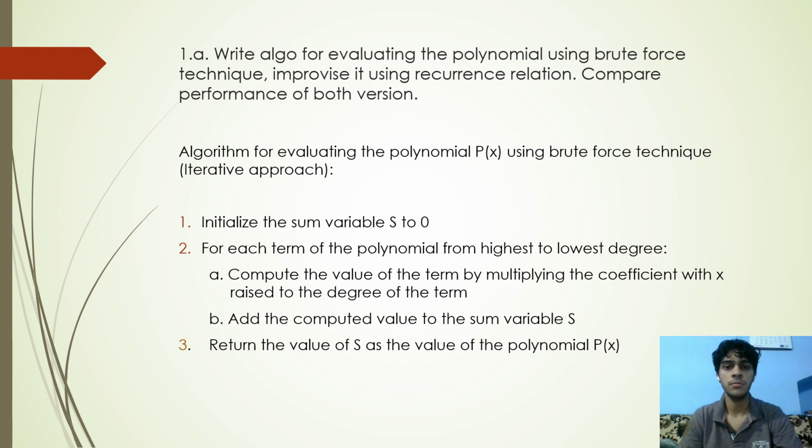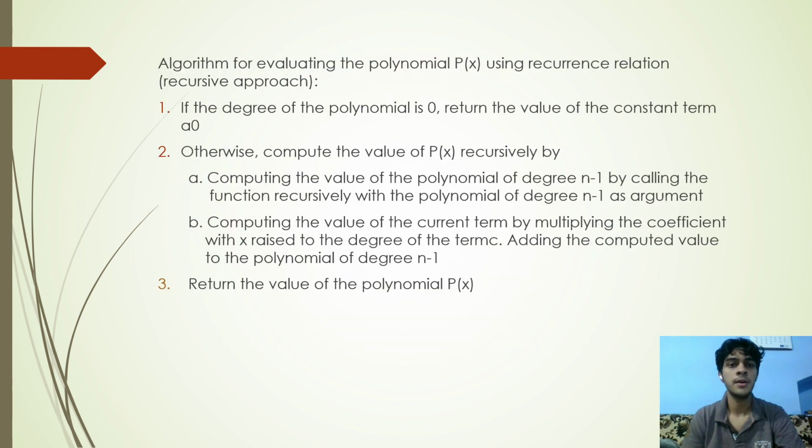For each term of the polynomial from highest to the lowest degree: A. Compute the value of the term by multiplying the coefficient with x raised to the degree of the term. B. Add the computed value to the sum variable s. Return the value of s as the value of the polynomial.